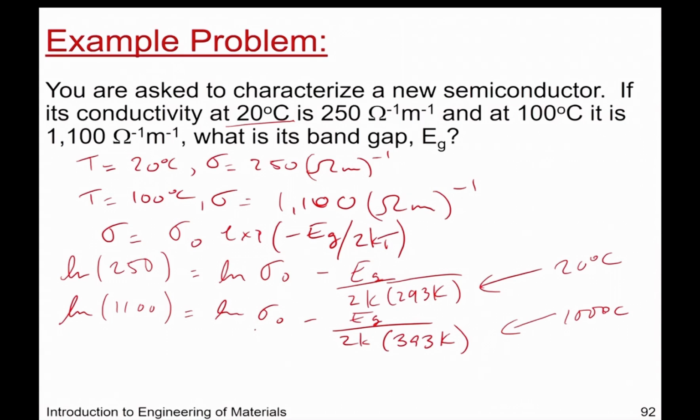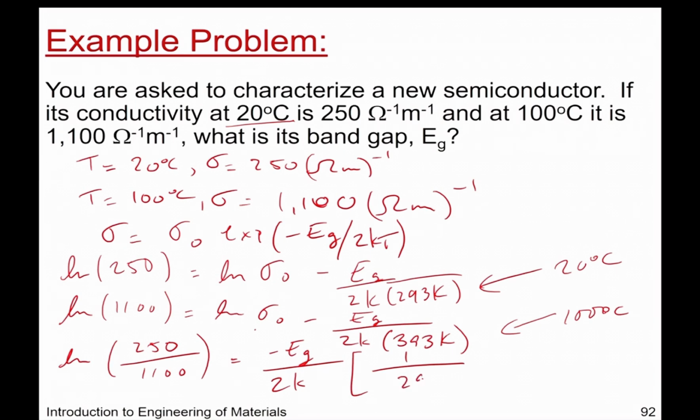So then if you solve the system of equations by subtracting one equation from the other, let's say ln 250 minus ln 1100, you get... I should say this K is Kelvin, this K is not Boltzmann constant, okay?